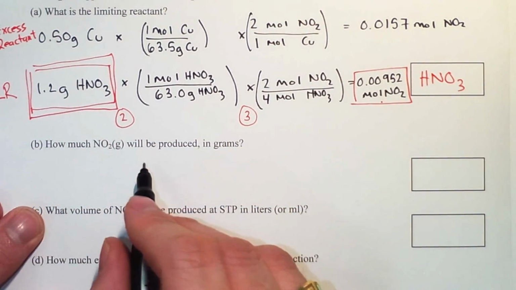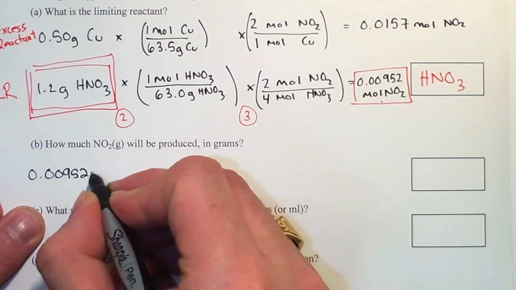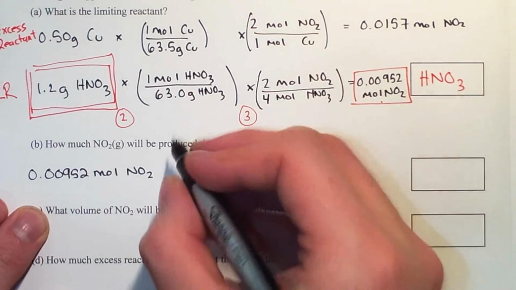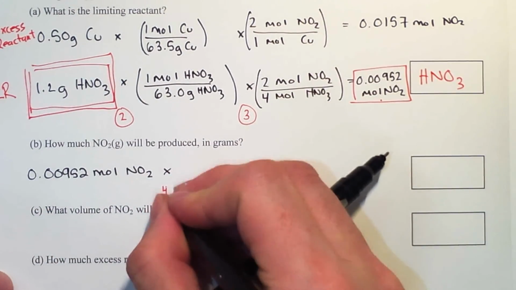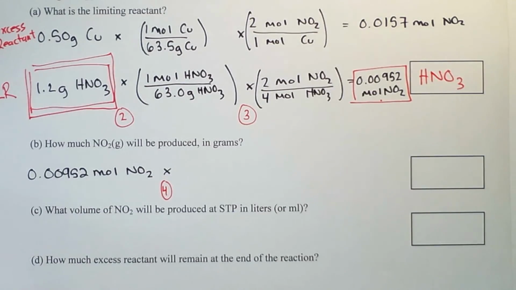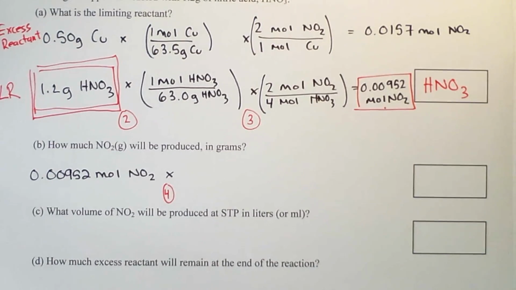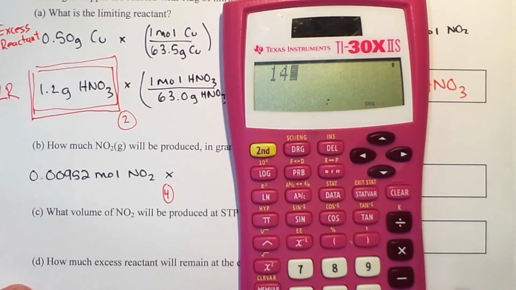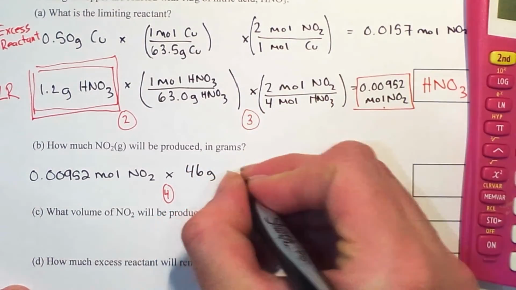So how much nitrogen dioxide will be produced in grams? Well, we already figured out how many moles will be produced because we're just going to use the smaller of the two. That's always the case. And we just need to convert back to grams. So this is technically step 4. I didn't have a step 4 up there. Remember, there are 4 steps: balance the equation, convert to moles, apply the ratio, and then convert to the unit you're being asked. So the molar mass of nitrogen dioxide is 14 plus 32 is 46 grams.